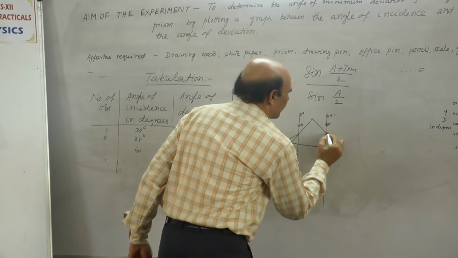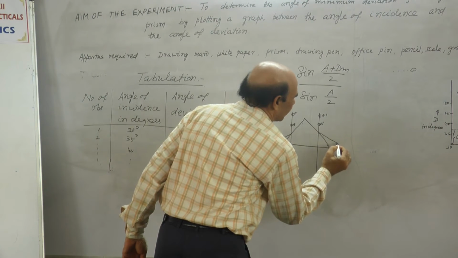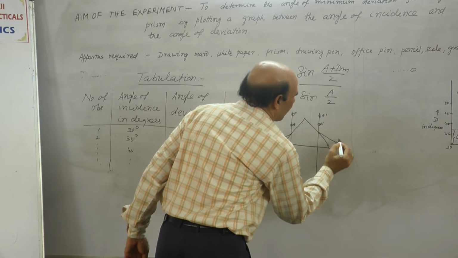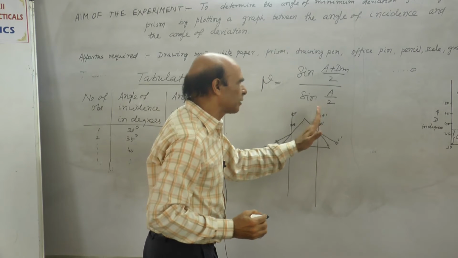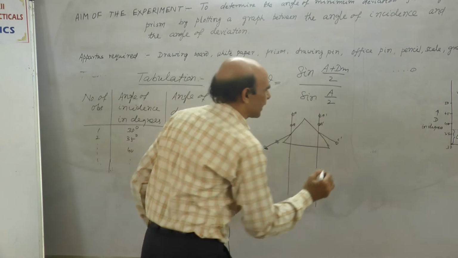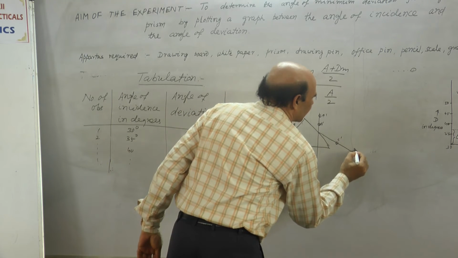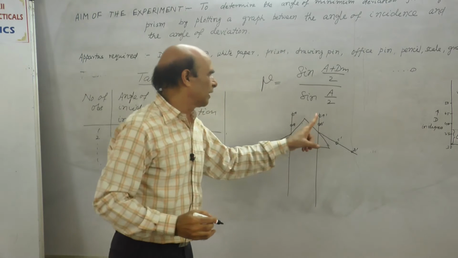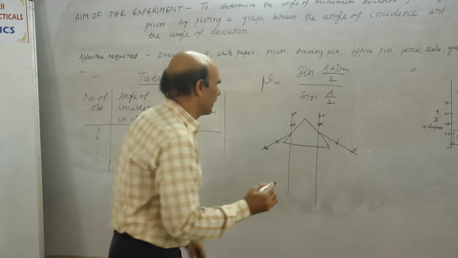Then put another pin here, C dash, so that the images of pins A dash, B dash and C dash will be in one straight line. Then take another pin D dash, so that the images of A dash, B dash and C dash, D dash will be in one straight line.